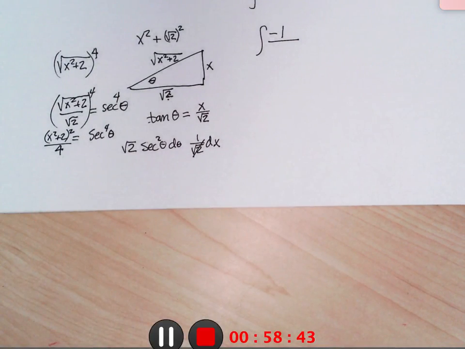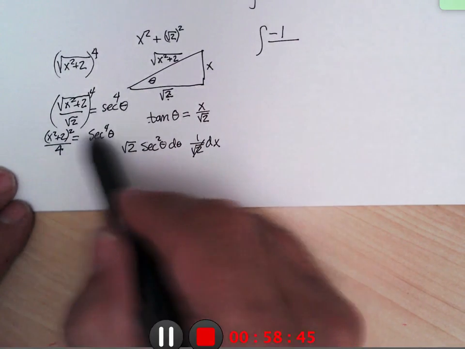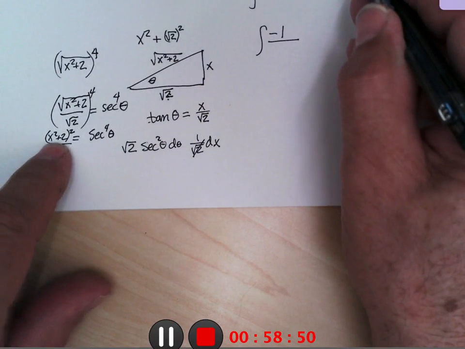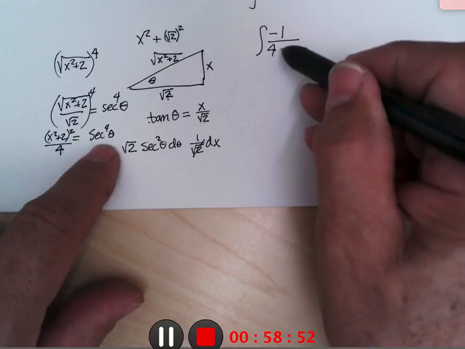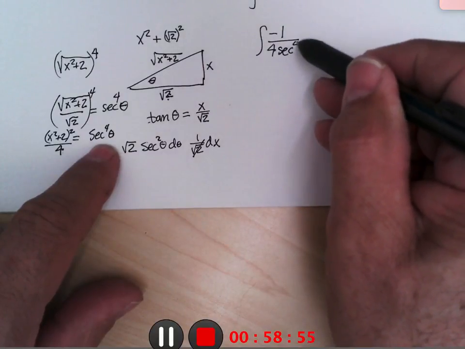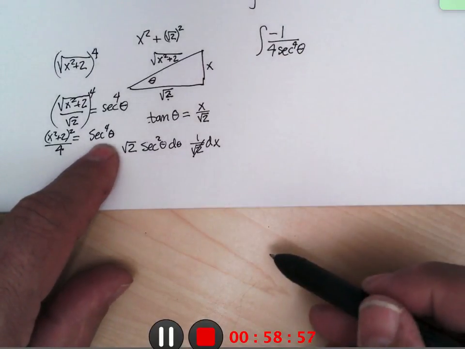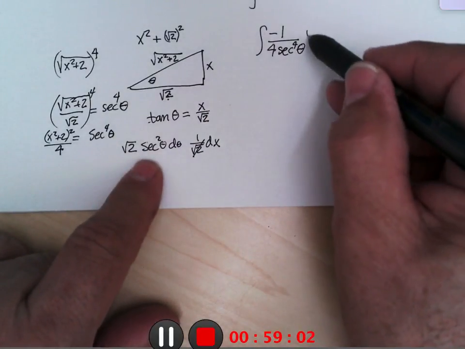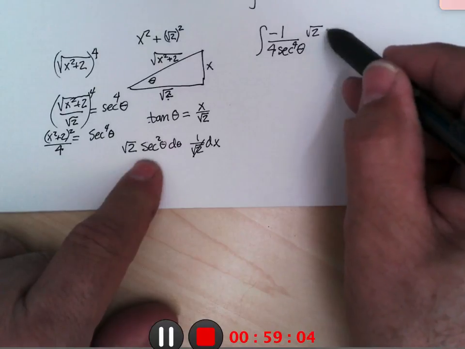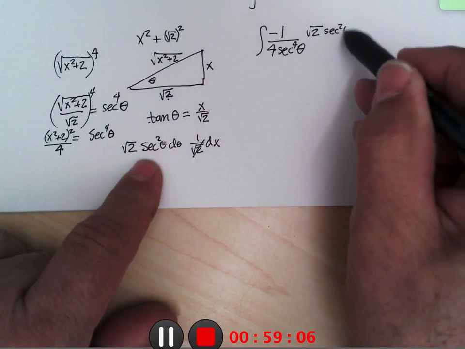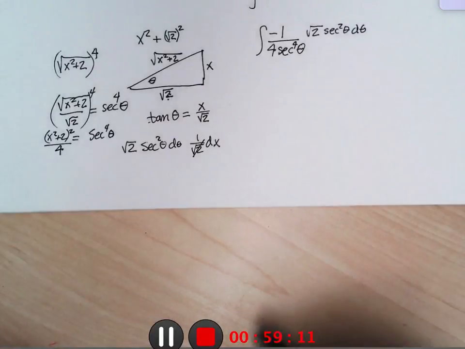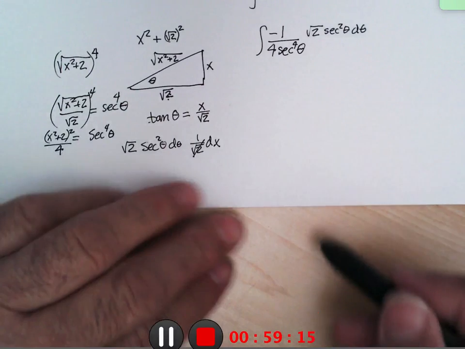So if I multiply both sides by 4, that denominator becomes 4 secant to the 4th theta, and my dx is square root of 2 secant squared theta d theta. Well, the fun's not over yet. We do get to cancel 2 of the secant squareds.